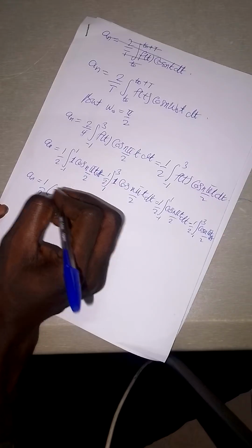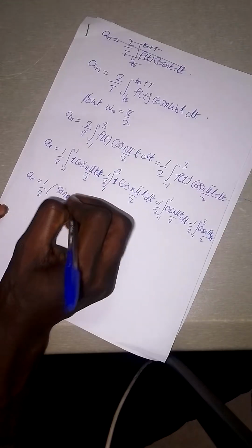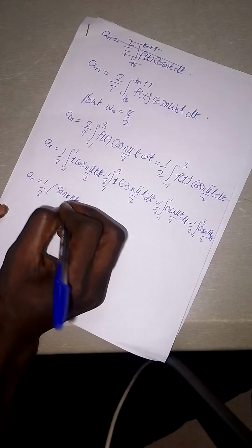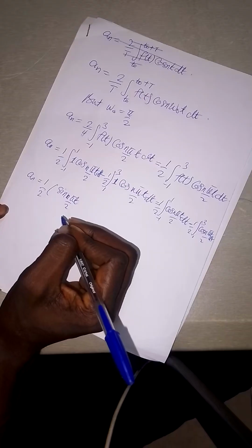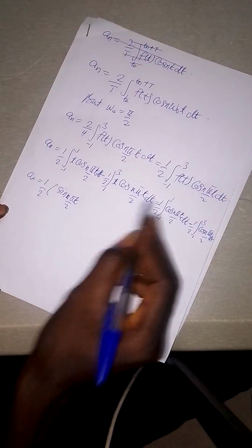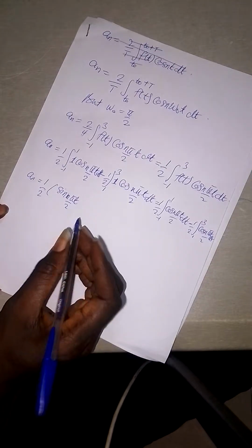So I'll have sine n pi t over 2, all over n pi over 2.